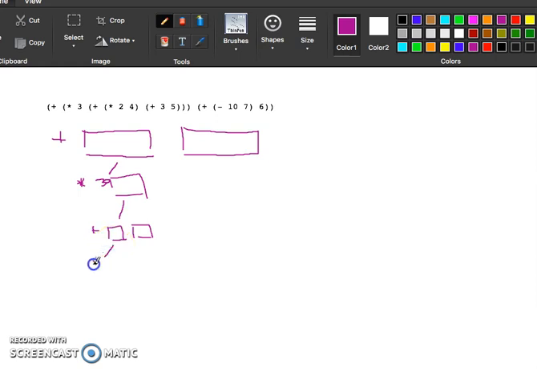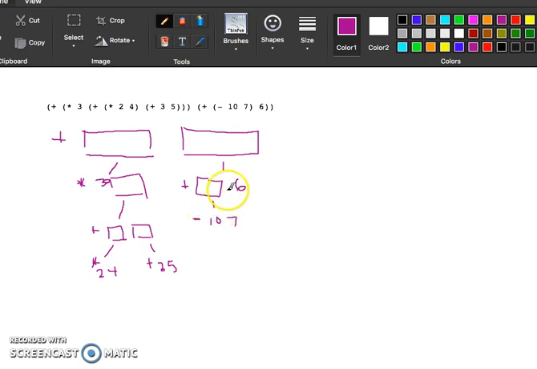And then in this box, we multiply 2 and 4. This box, we add 3 and 5. So all of that is one thing we add. The next thing then is we add something and 6, and that something is we minus 10 and 7.